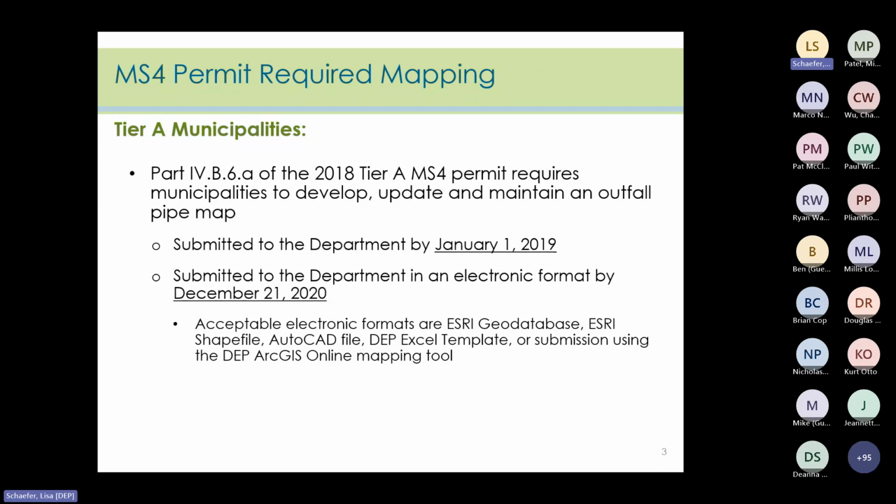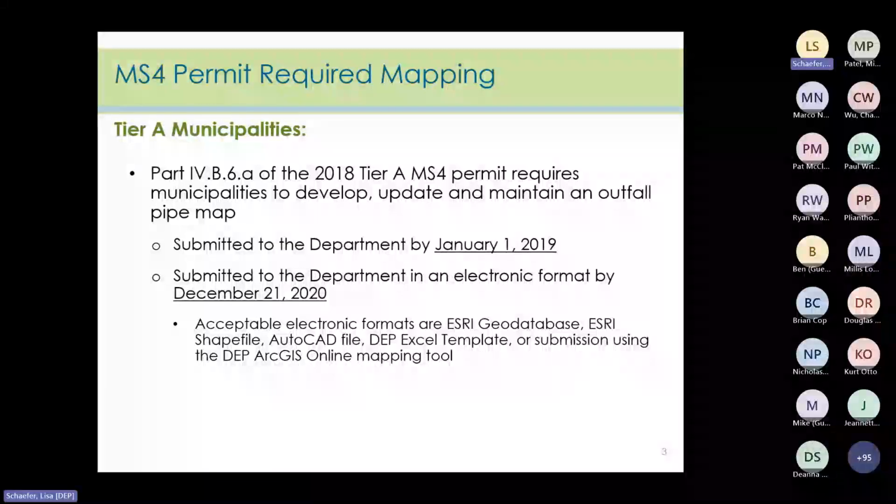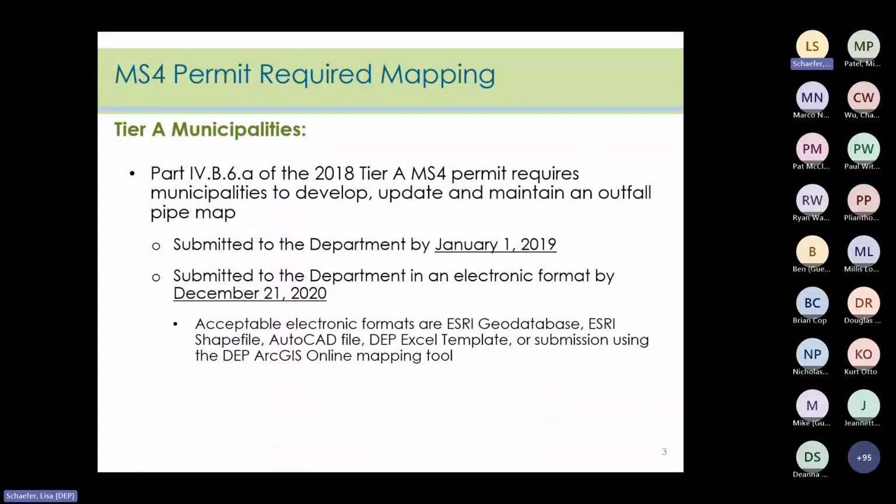Those acceptable electronic formats included submitting an Esri geodatabase, Esri shapefile, AutoCAD file, DEP Excel template, or using the DEP ArcGIS online mapping tool. Now, as of last check, the MS4 unit reported having 85 to 90% of the outfall pipe maps submitted, and it was working with the municipalities to get the rest in.